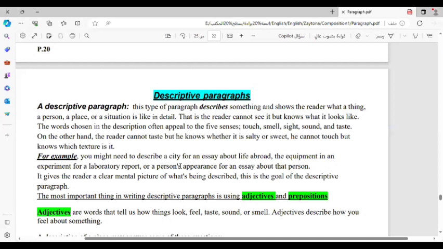Maybe you are describing your favorite city, or life abroad. For example, you travel somewhere, so you are describing life abroad. So this is mainly to describe a place or a person or a thing. Is it clear?